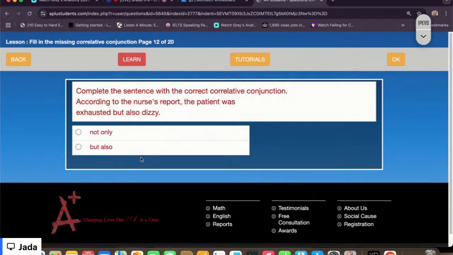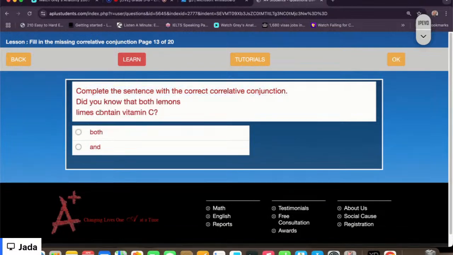Not only, or, but also. Not only, but also.